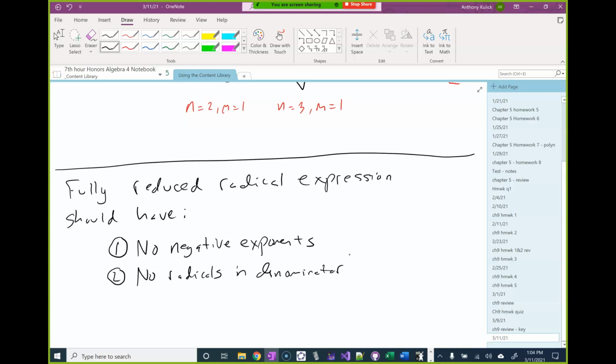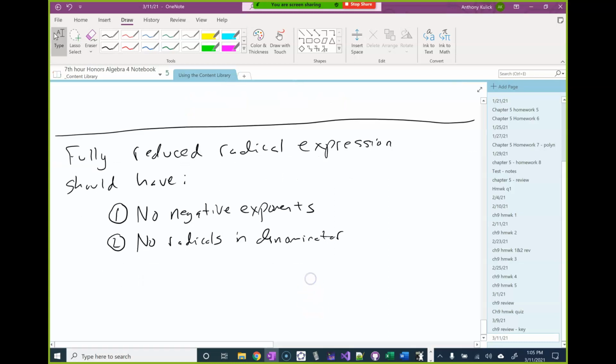You guys probably remember that rule from geometry last year. Remember, how did you get rid of radicals in the denominator? What was the name of that process? Started with an R. It's called rationalizing the denominator. Do you remember that name? Okay, so that rule still holds here.